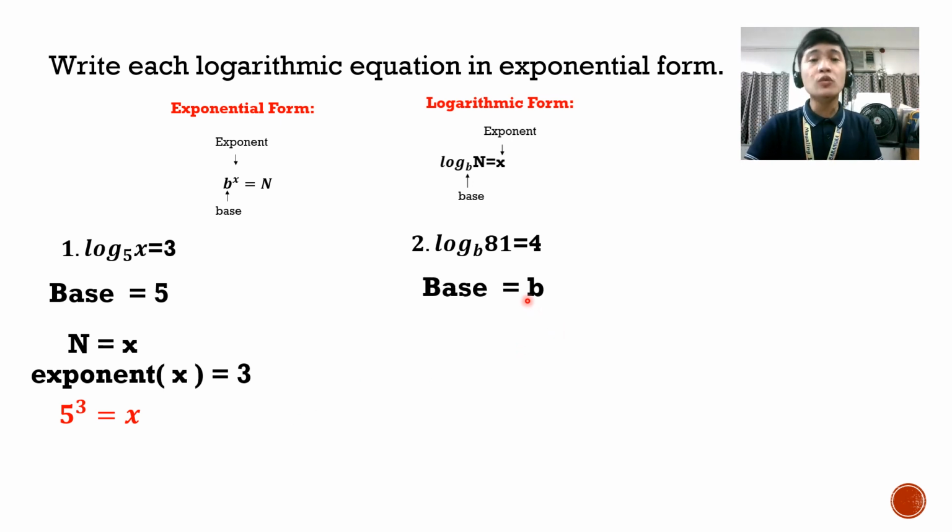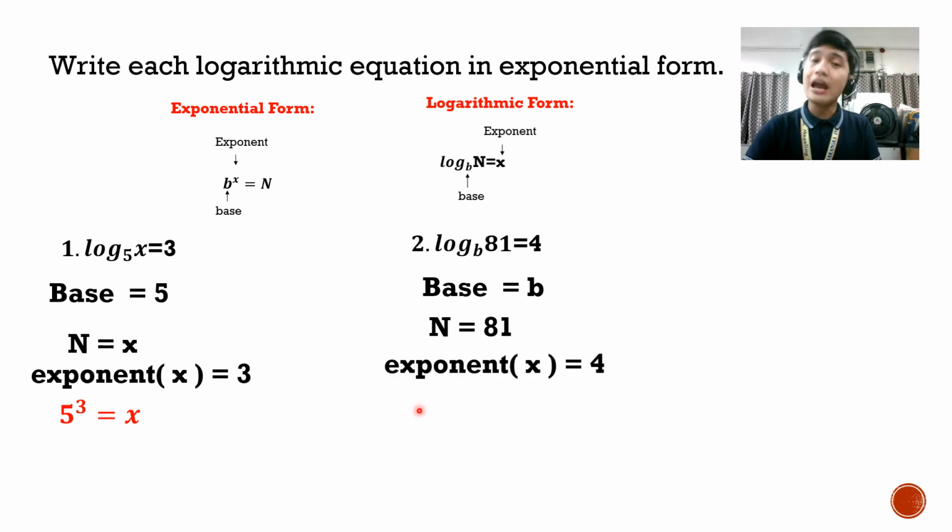So in number 2, our base here is b. Ayan po, ang base natin dito ay b. I-compare lang itong logarithmic form dito. May label naman siya. Ito yung base, ito yung exponent, ito yung n. Ang n natin dito ay 81. And then, our exponent here is 4. Ang exponent natin dito ay 4.